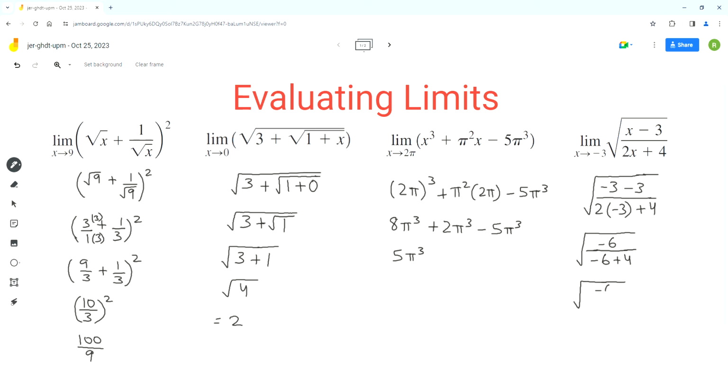So the numerator stays the same, and in the denominator we get negative 6 plus 4, which is equal to negative 2. And now we can reduce this fraction. So negative 6 divided by negative 2 is equal to positive 3. This should be the final answer for the value of this limit.